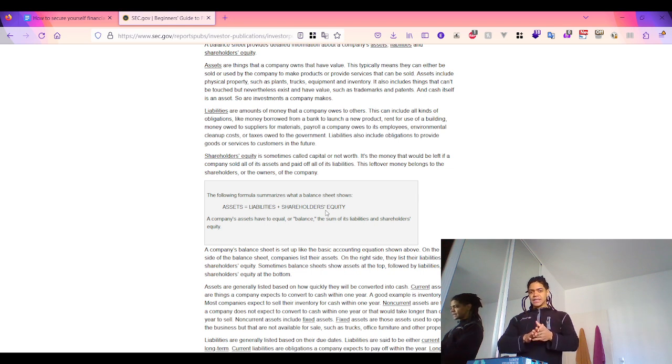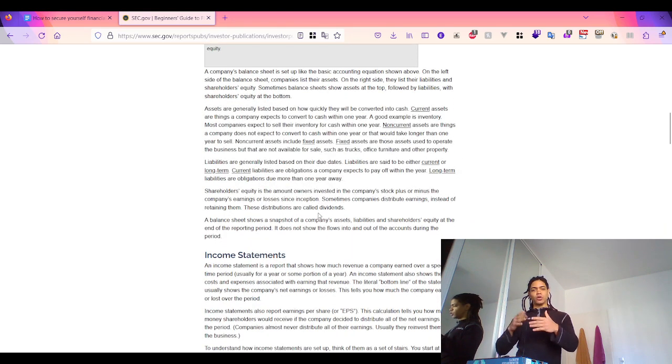And the shareholders' equity shows the amount invested by the owners of the company, plus or minus revenue or losses since inception.